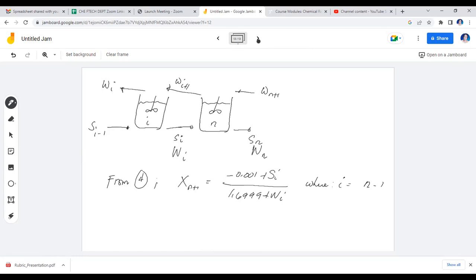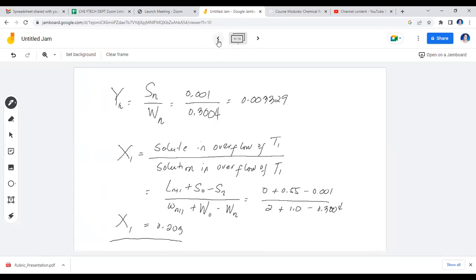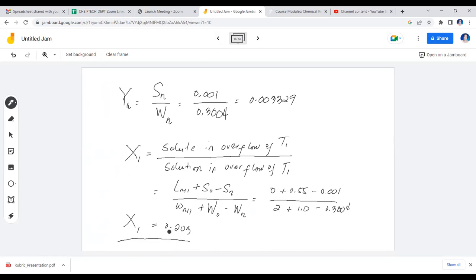Now, if we solve for omega 1 in here, since we're doing material balance, we're going to do material balance on 2. Thickener 2 will have 0.3 plus 0.2 times the x sub 1 that we have, which is 0.203. This 0.203 class is this x sub 1 here, the one that we have solved in here.